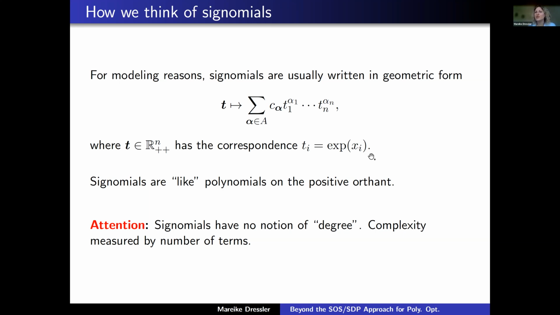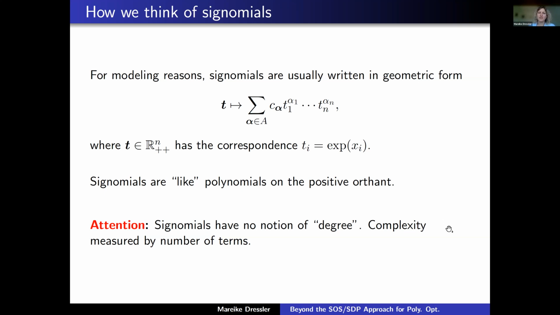But clearly we then have to restrict the variables to the positive orthant. Then you already see the connection to polynomials. This very much already looks like a polynomial. But keep in mind, we are on the positive orthant, so the variables t_i are positive. But we gain something, namely the exponents are allowed to be real.